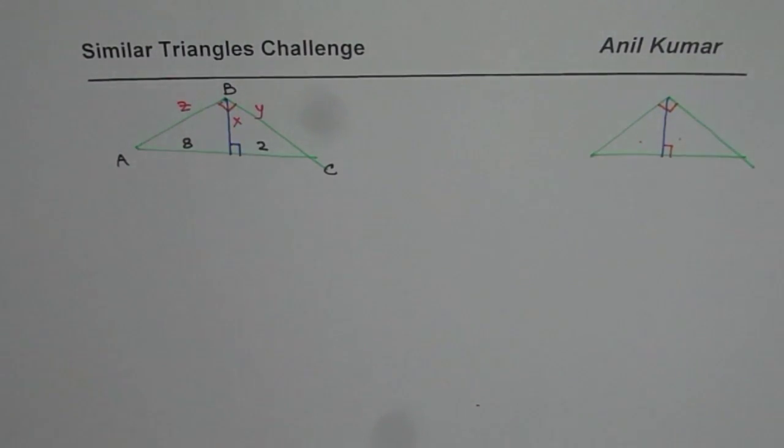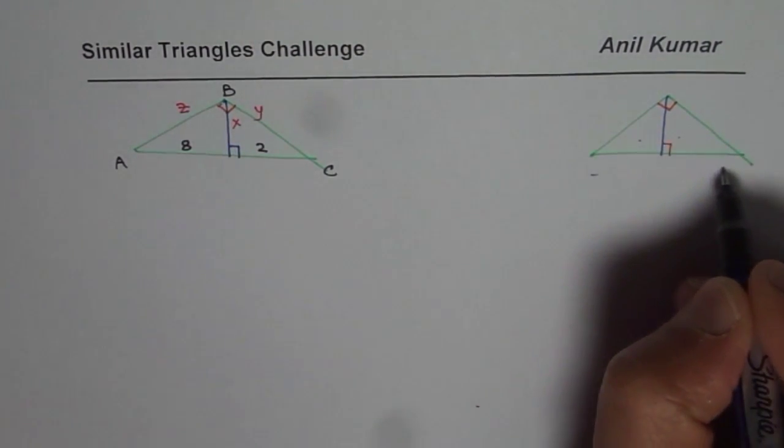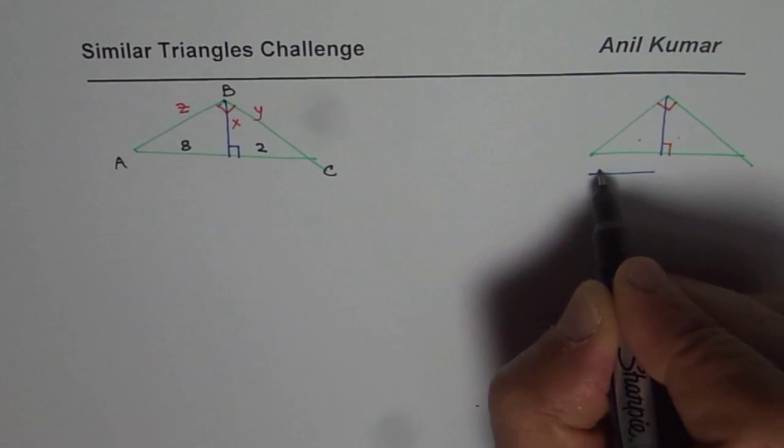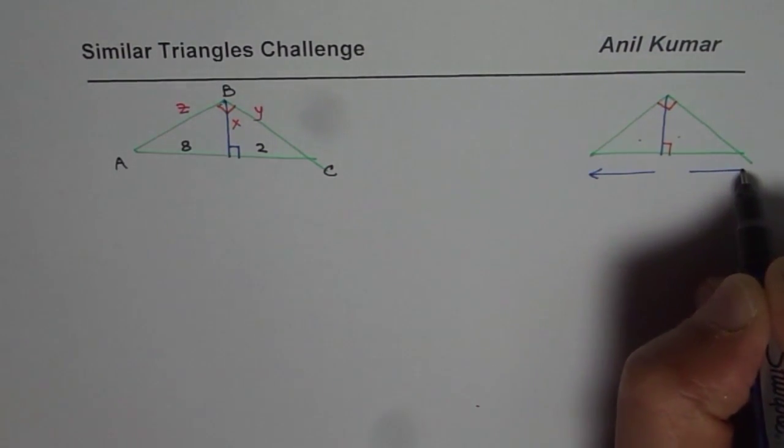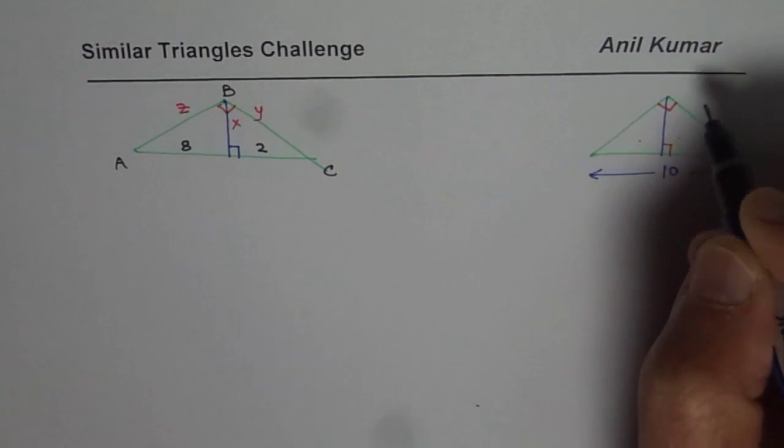In the second question, what I will do is I'll give you the dimensions, let us say you know the whole length. Let's say this length is known to you as, let's write down a value, let us say 10, and you know one of the sides, right?